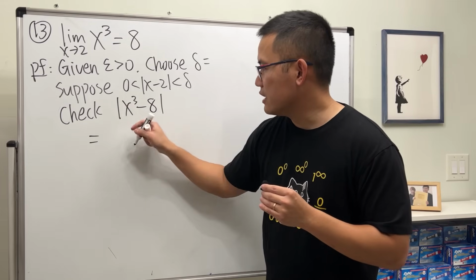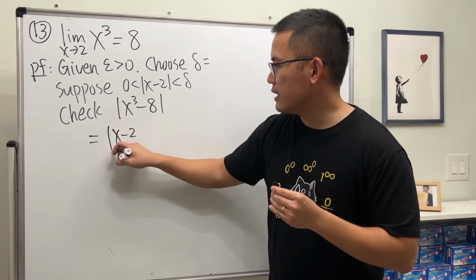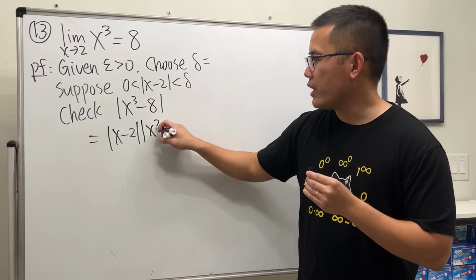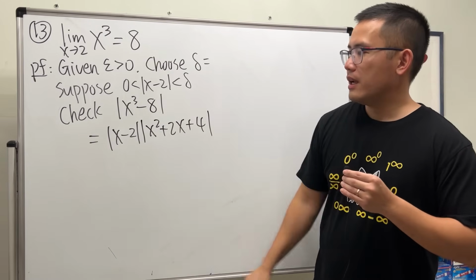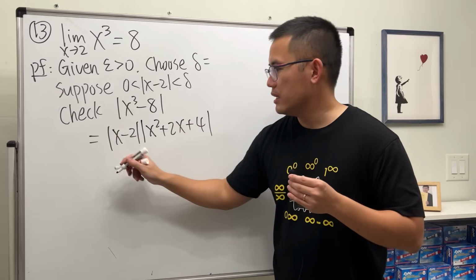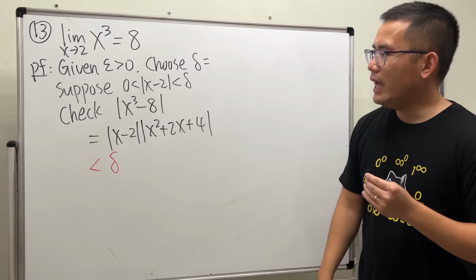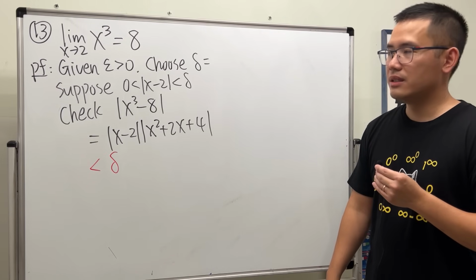So factor this as the difference of 2 cubes. We get x minus 2 as the first factor, and then let's just apply the absolute value for that. And then for the second factor, we get x squared plus 2x plus 4. This is good. That's less than delta. Done. But this thing, we have to figure it out a little bit.